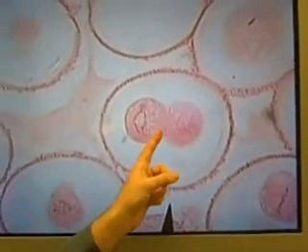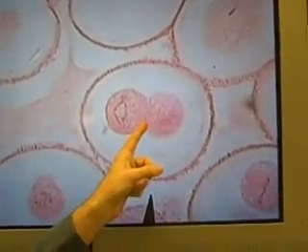Some of these cells are one cell, so the pronuclei have just joined and created a new cell. This is a two-cell stage in the Ascaris. One roundworm cell is divided into two. Let's try to find a four-cell stage.